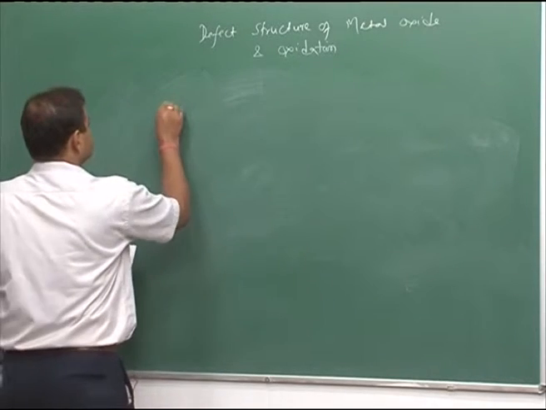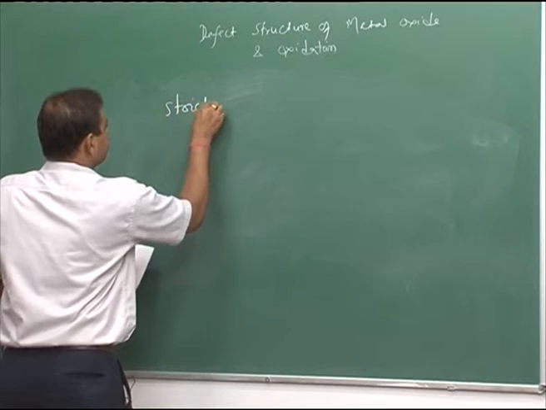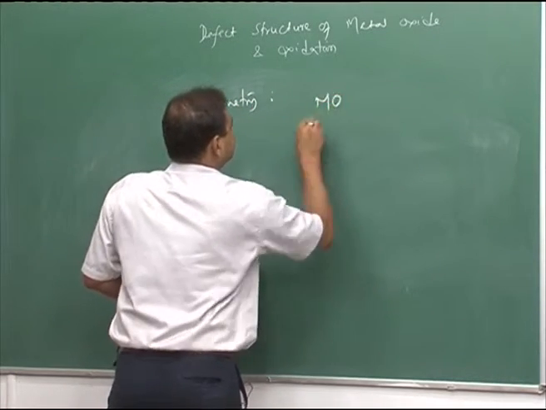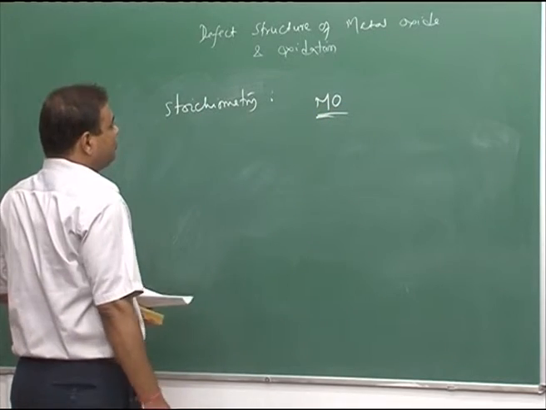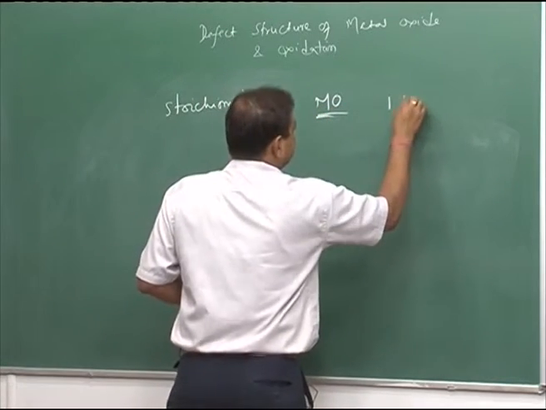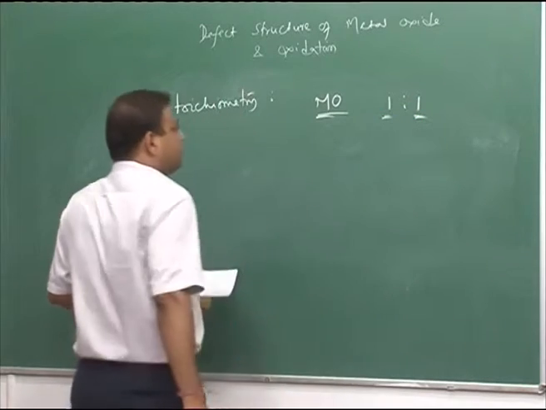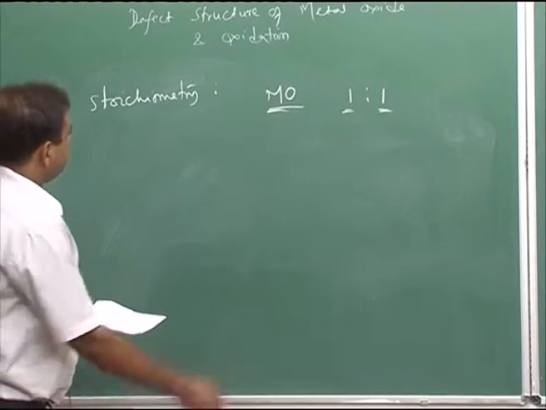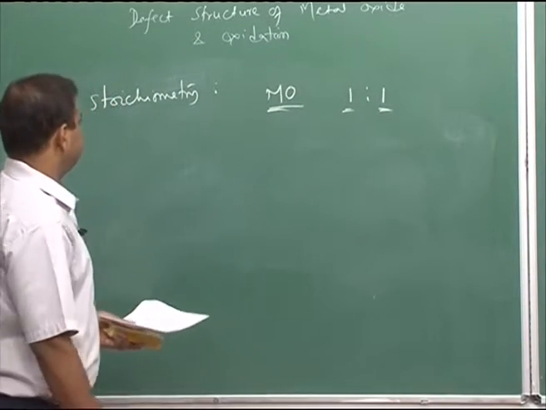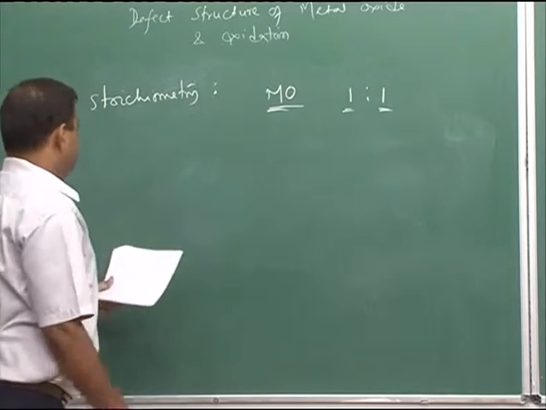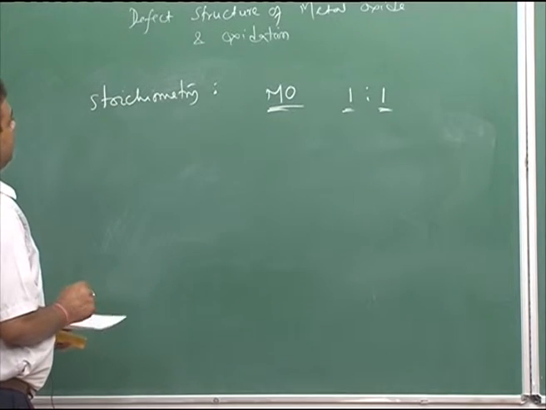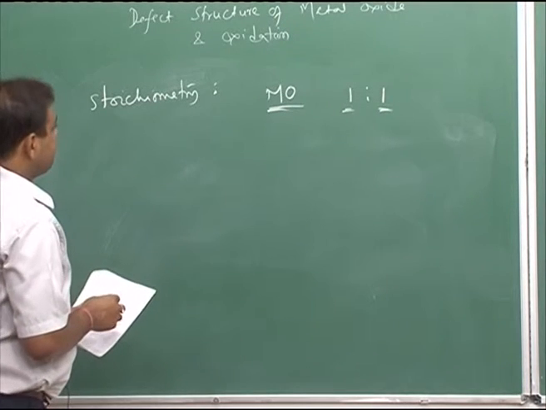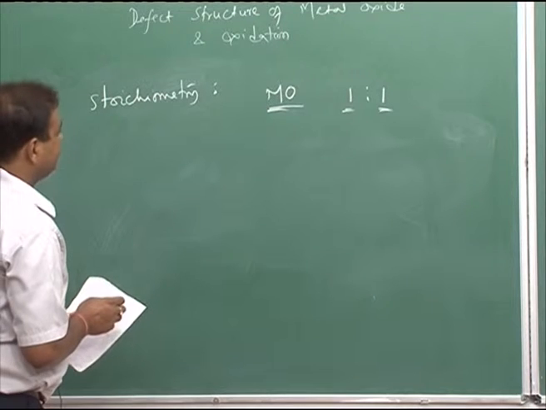Stoichiometry means, let us say one metal oxide is denoted as MO, where the cation and anion ratio is 1:1, and this will always maintain 1:1. So, this is called stoichiometry in oxide, or it is a stoichiometric oxide. Now, in this case we have Schottky defect.